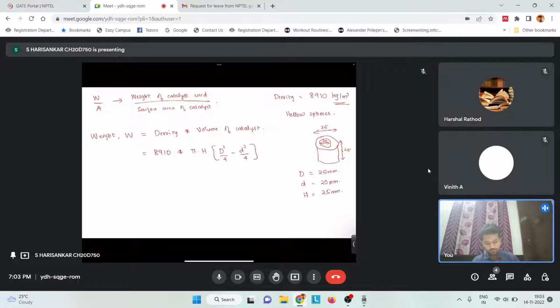So the weight of the catalyst W will be 8910 into pi into 0.025 meter, which is 25 mm, by 4 into D square, so 0.025 square, minus 20 mm square, which is 0.02 square.